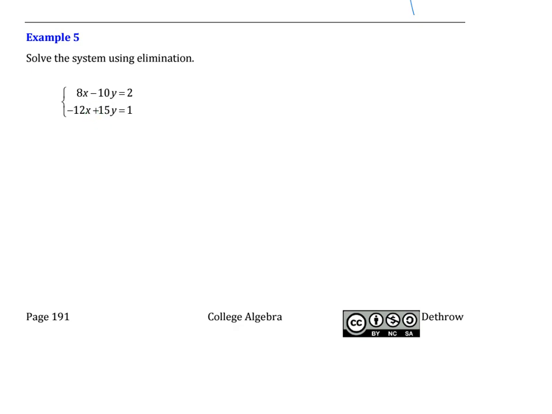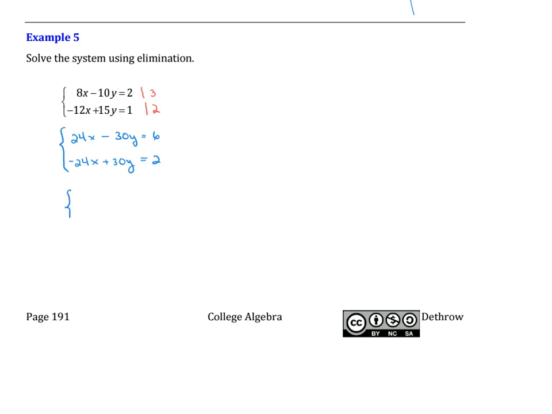So we can multiply our first equation by 3 and our second equation by 2. And so our resulting system would be equivalent, and it would be 24x minus 30y equals 6, and negative 24x plus 30y equals 2.